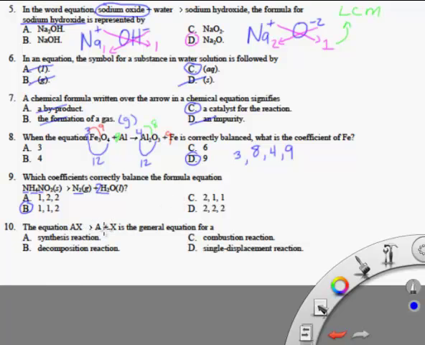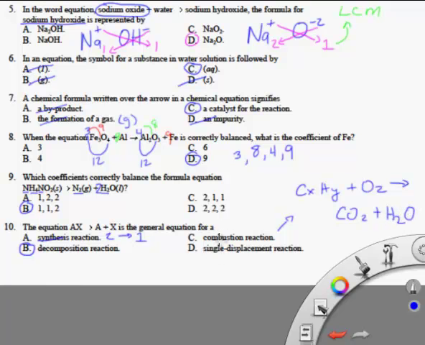The equation AX yields A plus X is a general form for a decomposition reaction, not a synthesis. Synthesis, you will have 2 things turning into 1, synthesizing together. Decomposition reaction, indeed. One compound is broken down into 2 or more simpler substances. Combustion reaction, no. Combustion reaction has a general form of CxHy plus O2 yields CO2 and water.